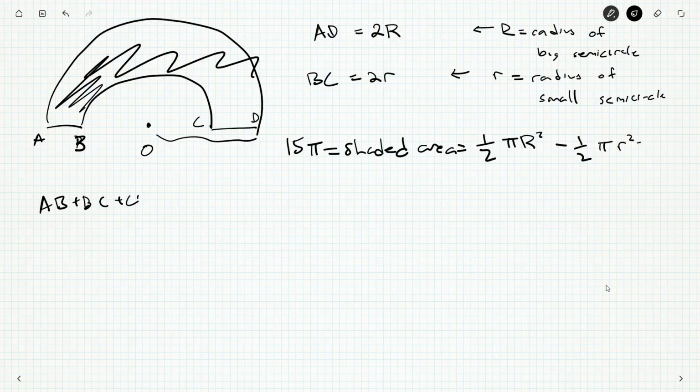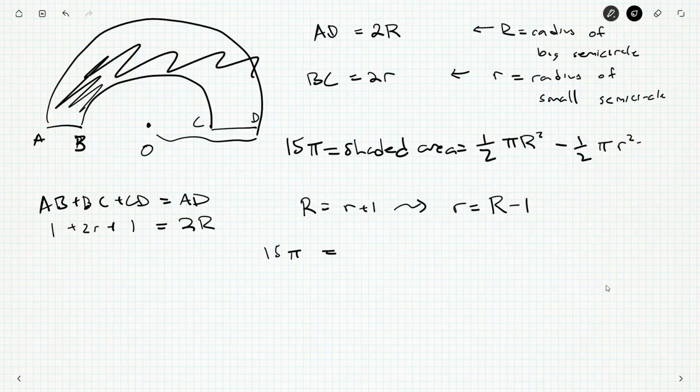AB plus BC plus CD is AD because they lie on a line. Now those two are 1s, and this we said is 2 little r. So now I can see capital R is just r plus 1. Or alternatively, little r is capital R minus 1. So 15 pi is, well, let's multiply by 2 and divide by pi on both sides, we'll get 30 is capital R squared minus capital R minus 1 squared.